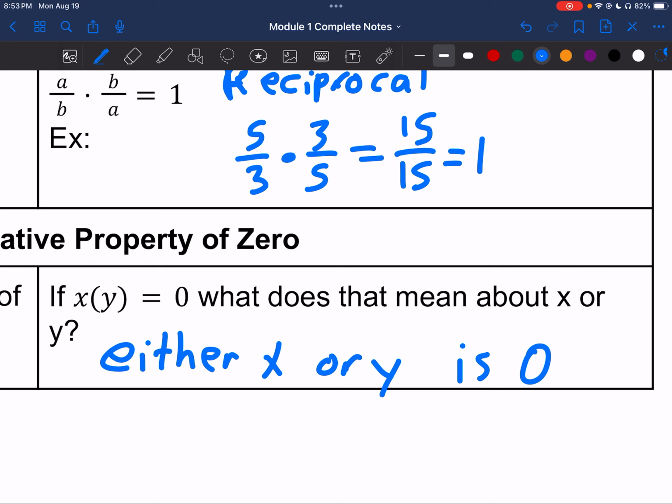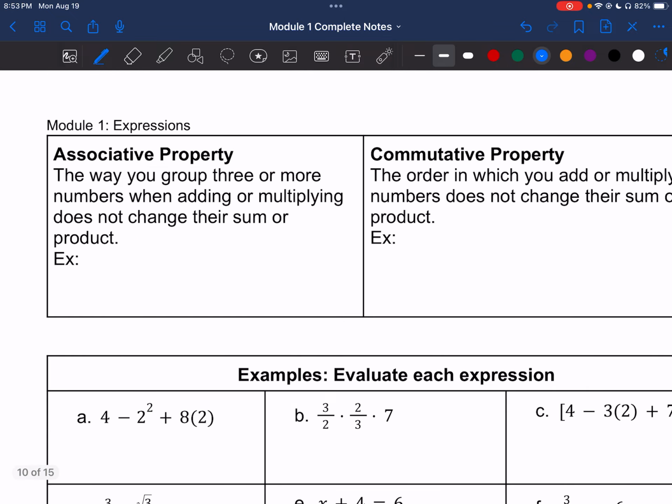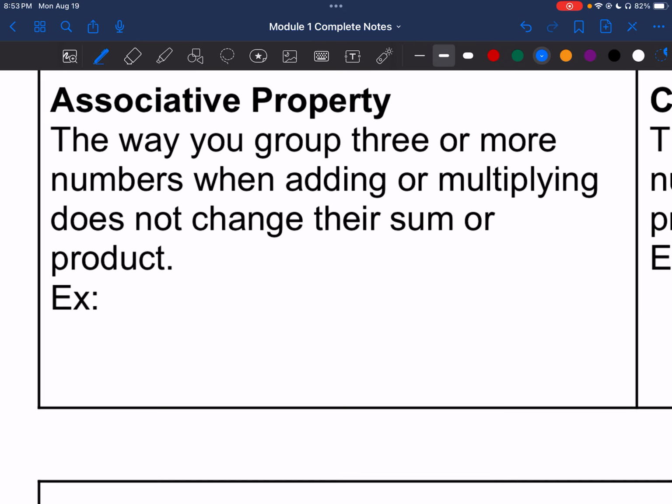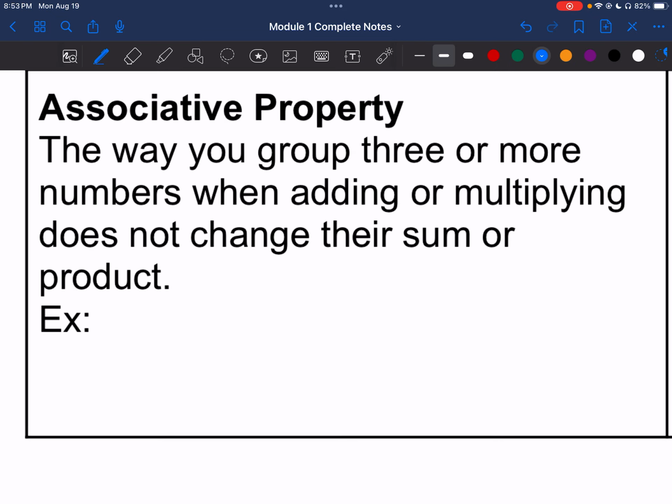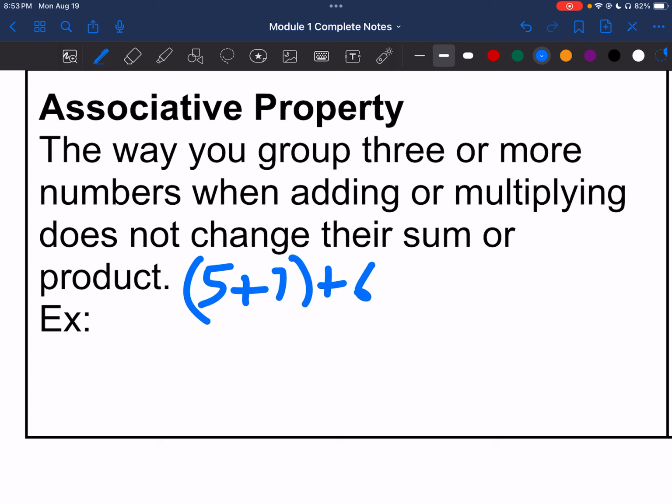Okay. So we're going to move to the next page, and we're going to get the last two of our properties that we're going to look at today. The first is the associative property. The way you group 3 or more numbers when adding or multiplying does not change their sum or product. So, for example, if we do 5 plus 7, and then we add 6 to it, well, 5 plus 7 is 12, plus 6 is 18.